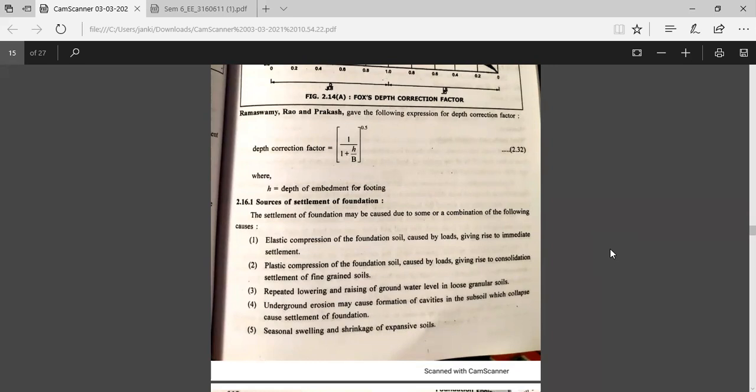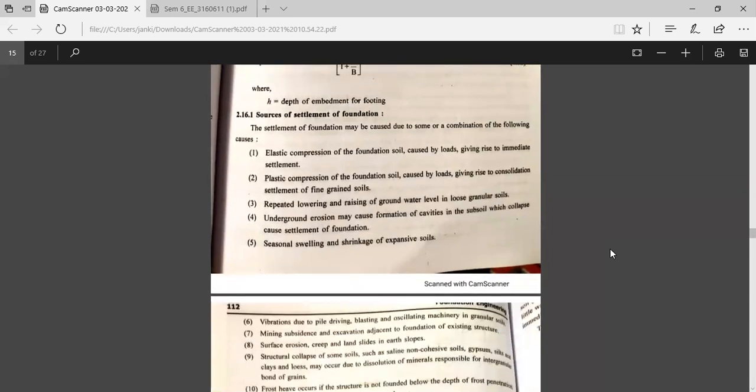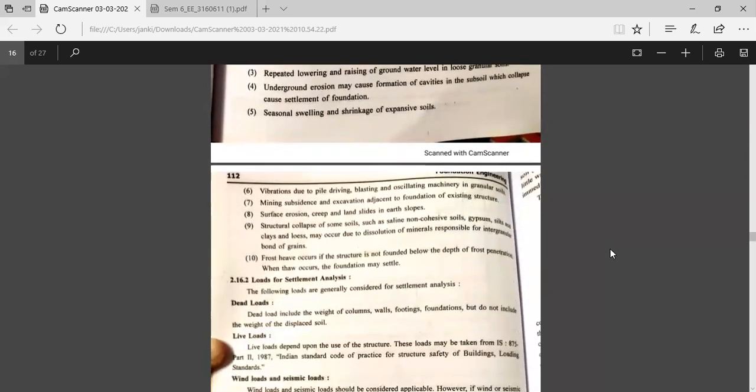Underground erosion may cause formation of cavities in the subsoil, which collapse and cause settlement of foundation. Seasonal swelling and shrinkage of expansive soils. Vibrations due to pile driving, blasting, and oscillating machinery in granular soils. Mining subsidence and excavation adjacent to the foundation of an existing structure. Surface erosion, creep, and landslides in earth slopes.